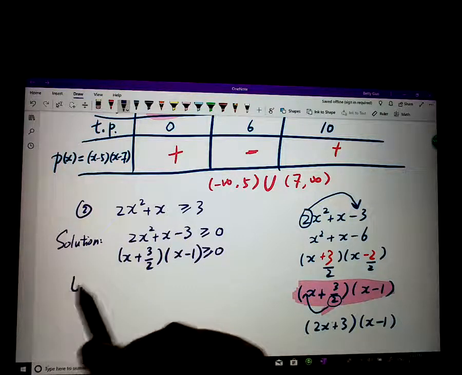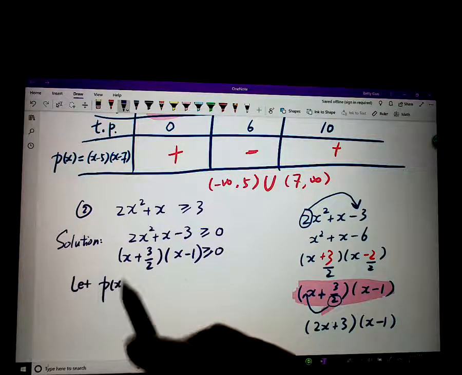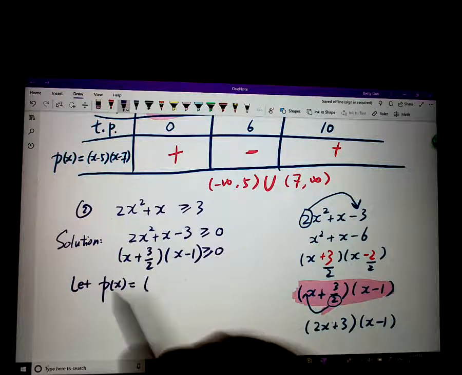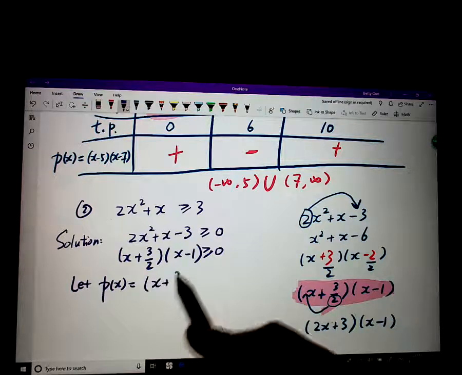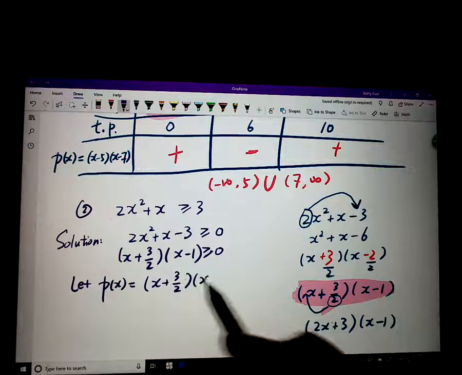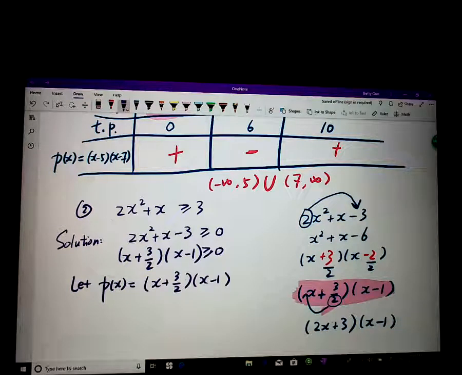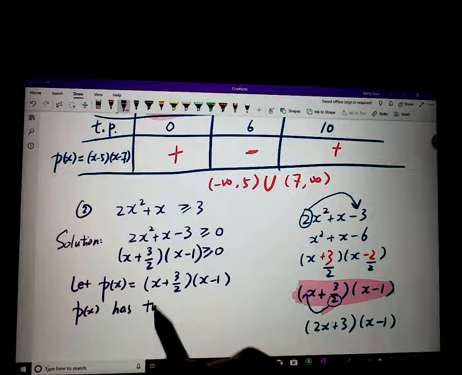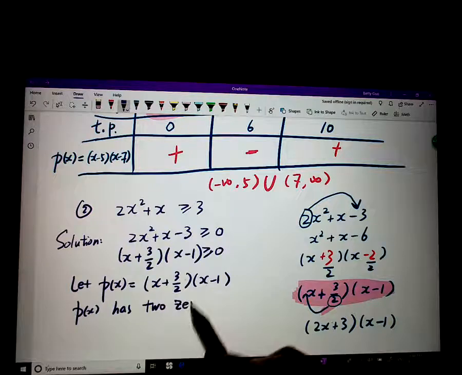If we let P of x be the trinomial on the left, then P of x would be x plus 3 over 2 times x minus 1. The trinomial is in the factored form. Okay, so P of x has 2 zeros.